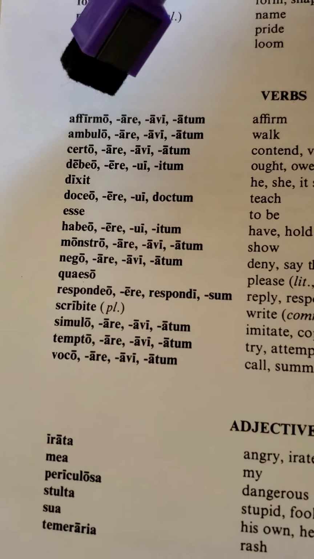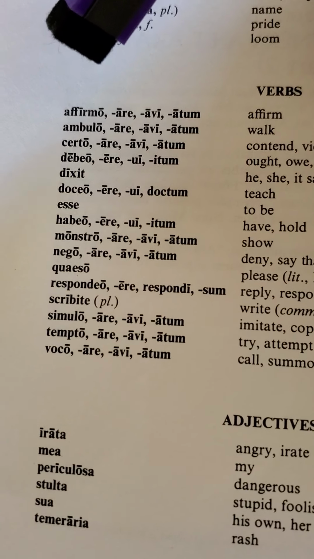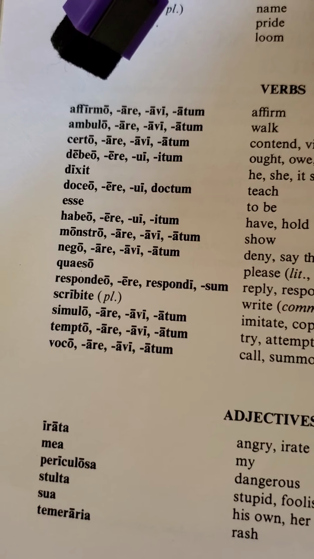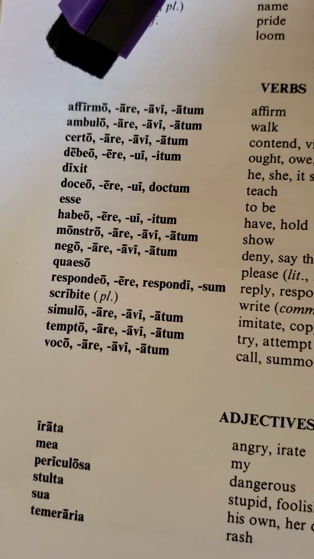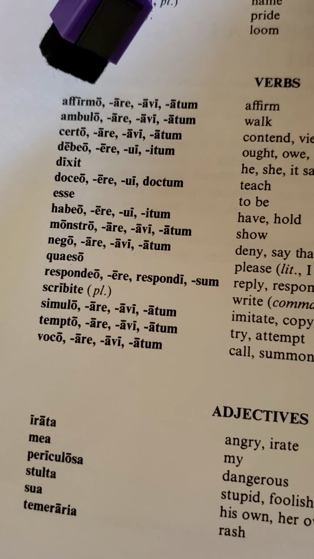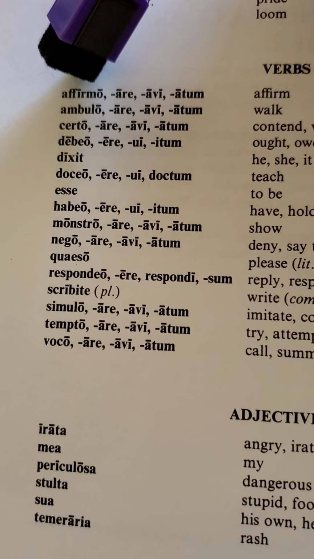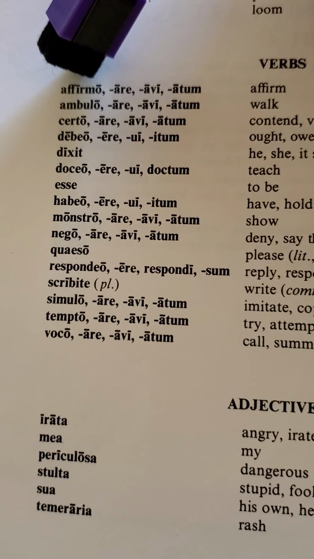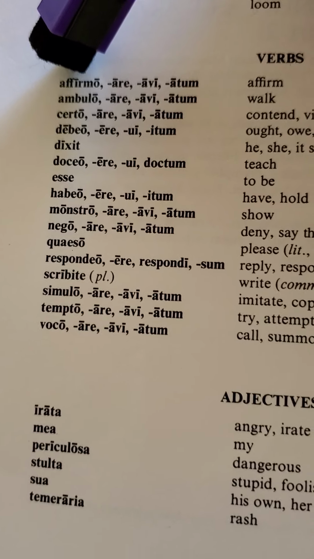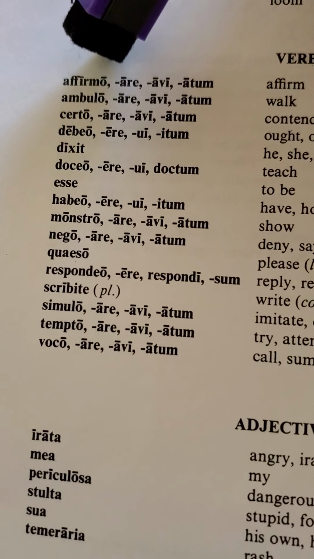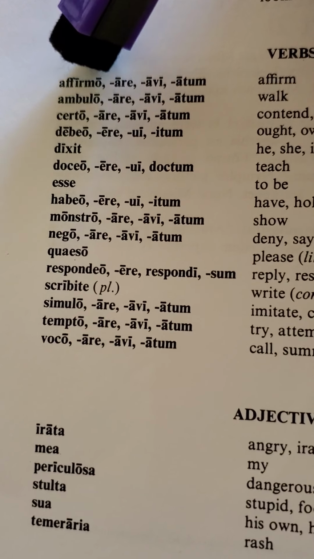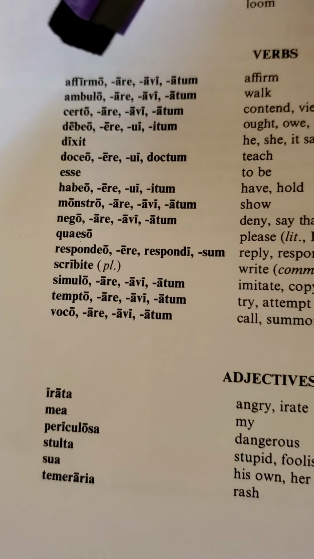It's in the verbs that the listing has changed since last chapter. Last chapter we just had one form of the verb, third person singular and plural. But now Norma has introduced the typical listing of a verb that you'll find in the dictionary. And if you see here, affirmo, affirmare, affirmavi, affirmatum, dictionaries don't give the whole word.